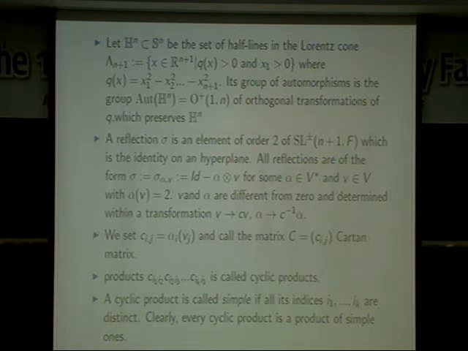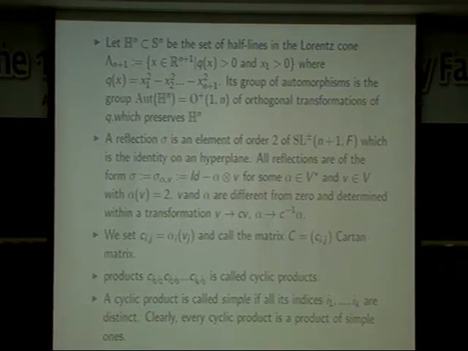Let H^n be the subset of S^n, the set of half-lines in the Lorentz cone. Q(x) is the quadratic form, x1 squared minus x2 squared minus ... minus x_(n+1) squared. This group of automorphisms is the orthogonal group of Q which preserves this H^n.